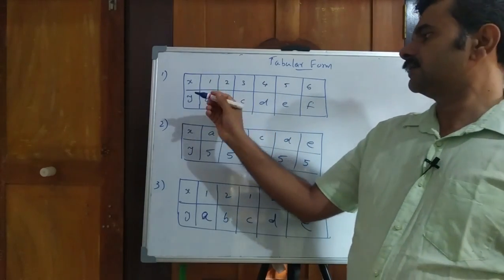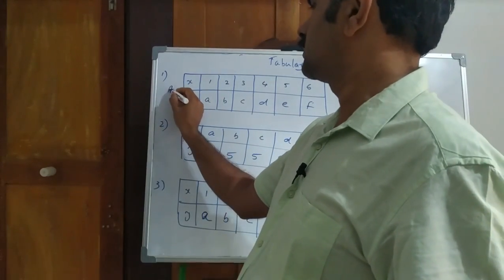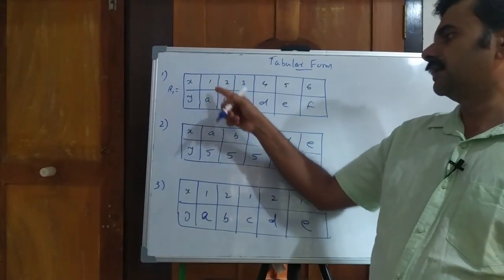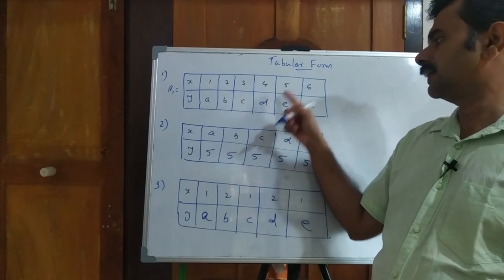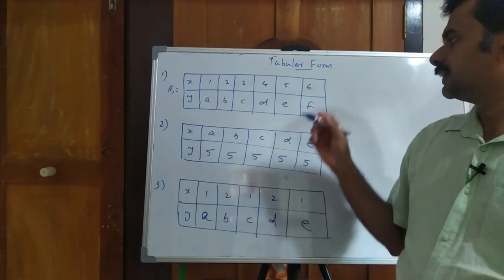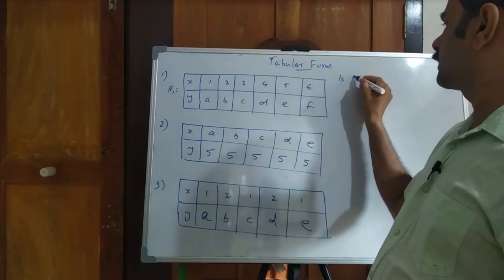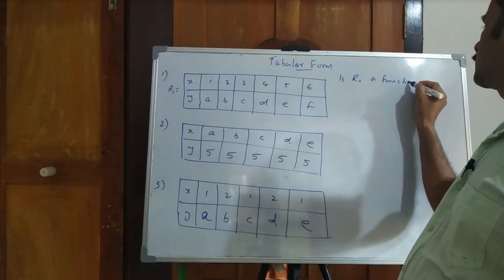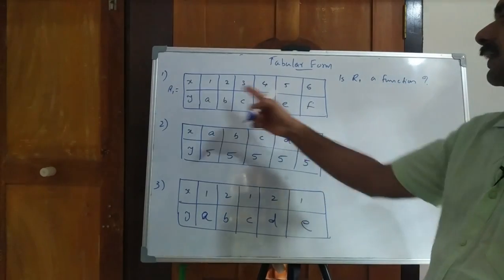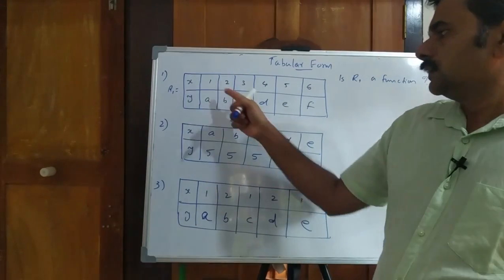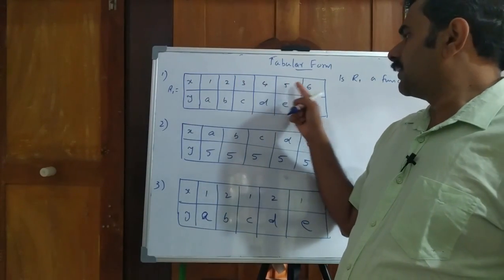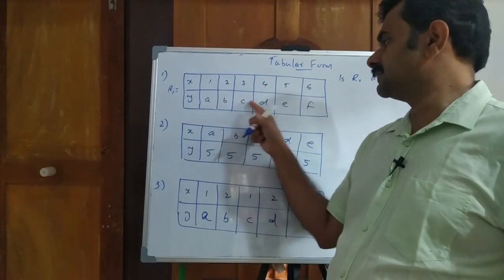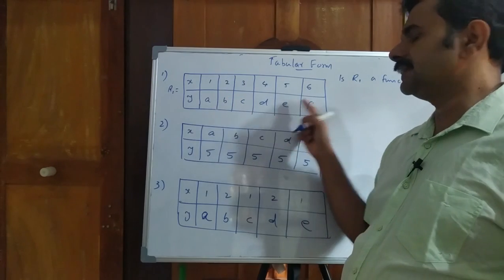A relation R1: x, y, 1 a, 2 b, 3 c, 4 d, 5 e, 6 f. Is R1 a function? 1, 2, 3, 4, 5, 6. All these elements are connected with A, B, C, D, E, F.